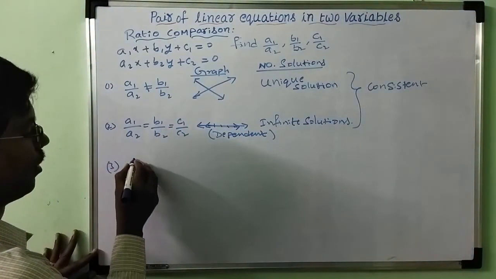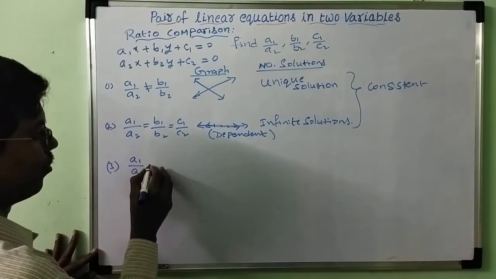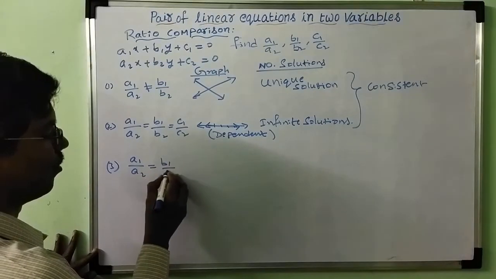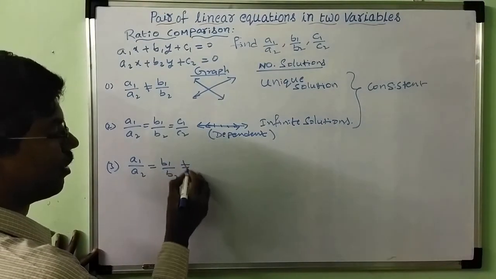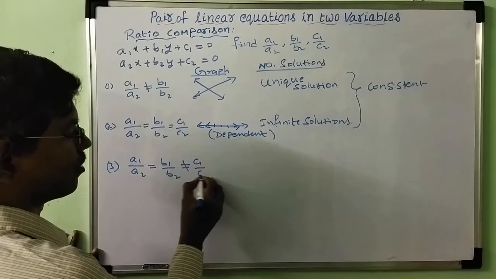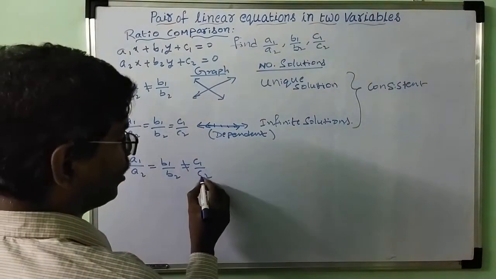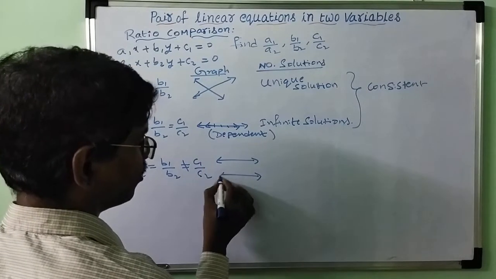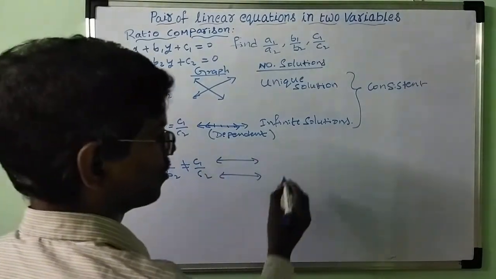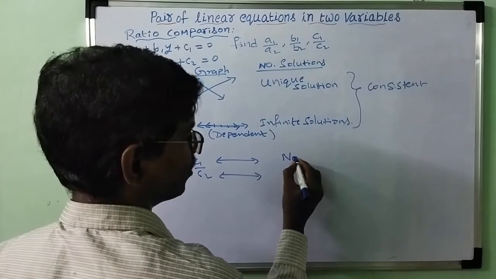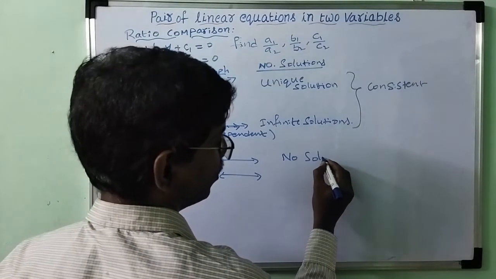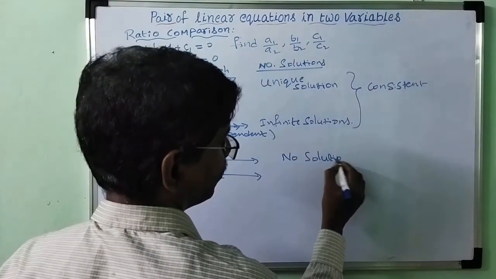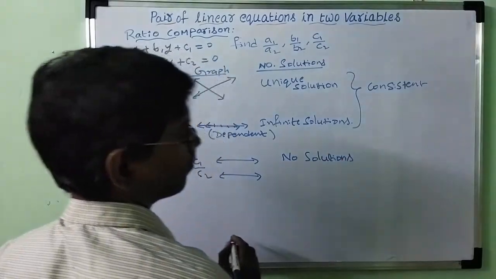Third condition, if a1 by a2 is equal to b1 by b2, but it is not equal to c1 by c2, then if you observe the graph, both the lines must be parallel, so there are no common points, so no solutions. That means there is no common point for this type of graph.